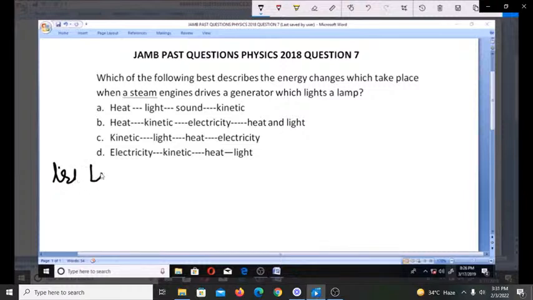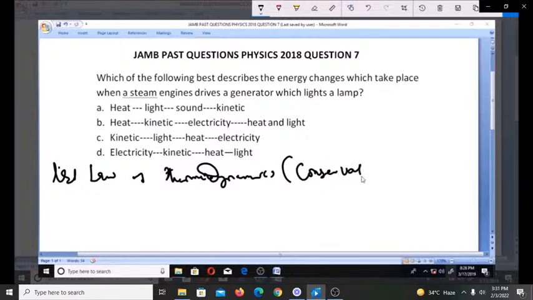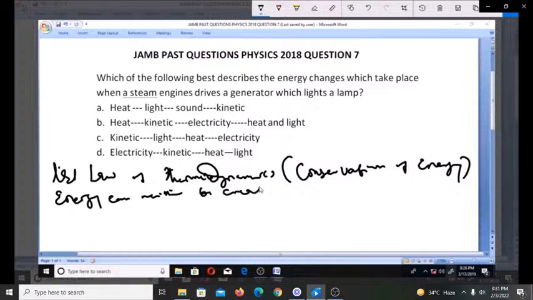The first law of thermodynamics, or you call it the law of conservation of energy, which basically states that energy can go from one form to the other, but is neither created nor destroyed.